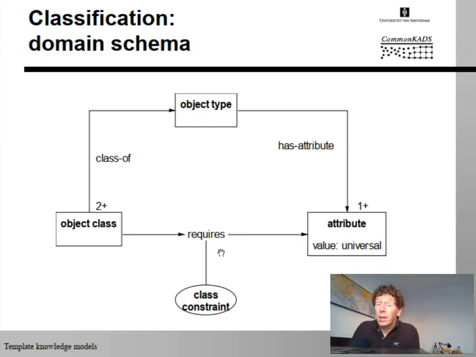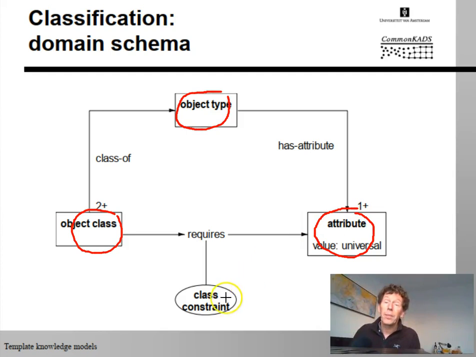So what do we need in the domain layer? Well, we always need objects and classes of objects. And these classes of objects have a relation with attributes. The relation is a constraint relation, namely saying that this class requires a particular value for that attribute.